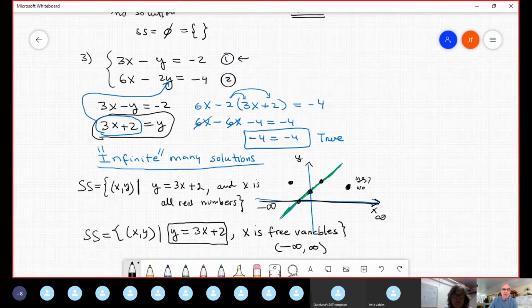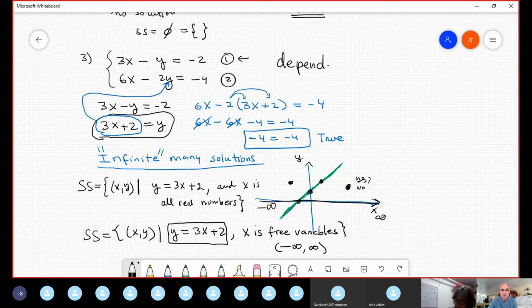That means, guys, that these equations are dependent. This is the new concept, dependent. Dependent means it's the same equation. One shortcut to see that is, suppose I copy again the equation.